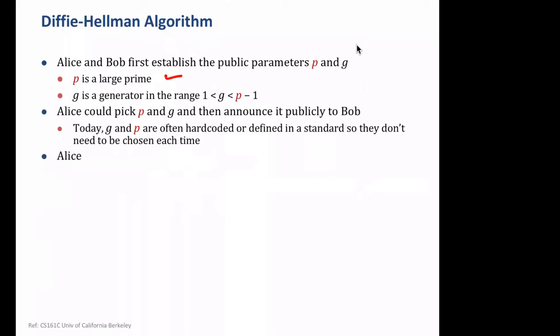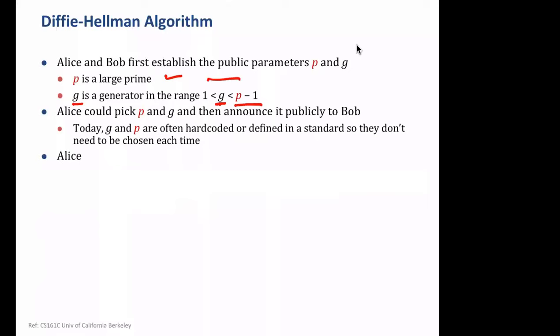It's almost like a 2000 bit number, 2048 bit kind of number. It's a really big number. And then we take G as a generator. It's very small compared to P, and it's chosen between 1 and P minus 1, where P is very large. It's a prime number.